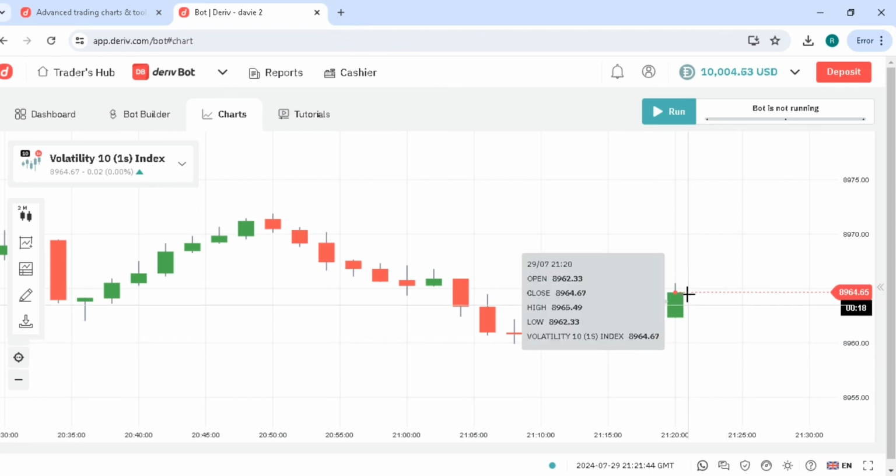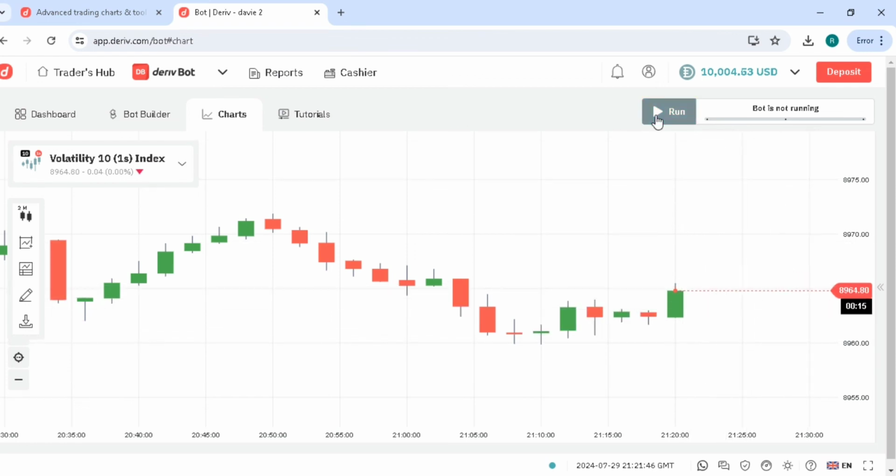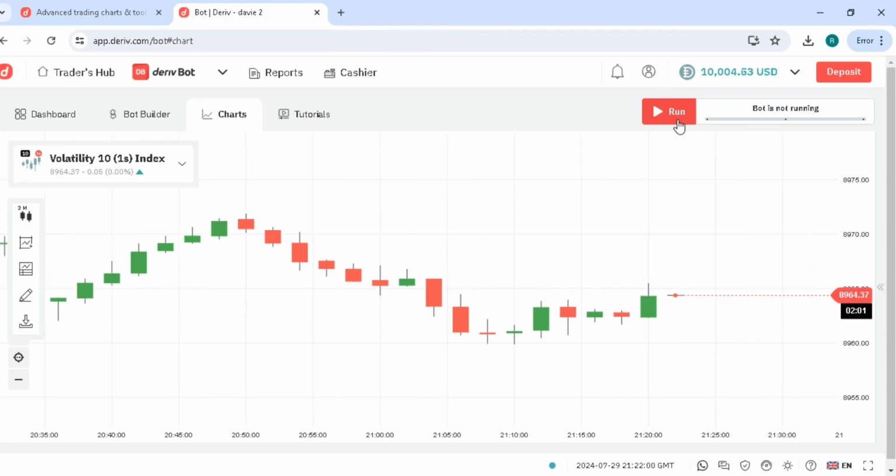You can see this wick that is here. We can wait until that wick is completely covered, and then we run our bot. Though this candlestick is almost completely formed. In the new one, it has started with a fall.